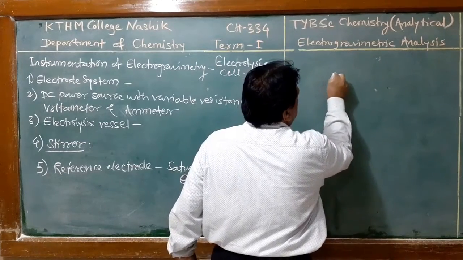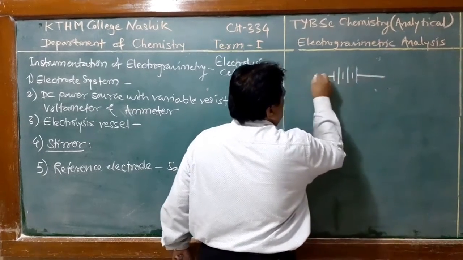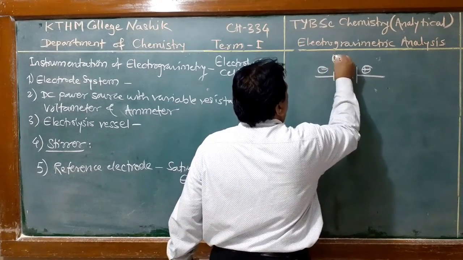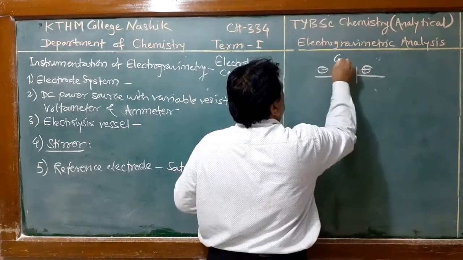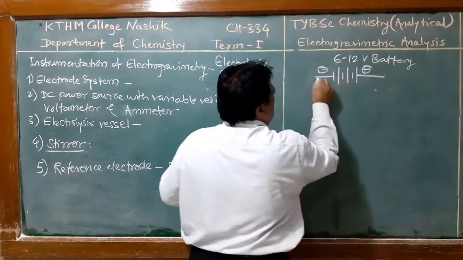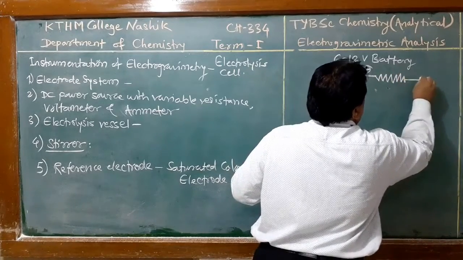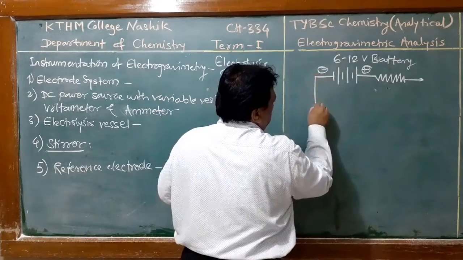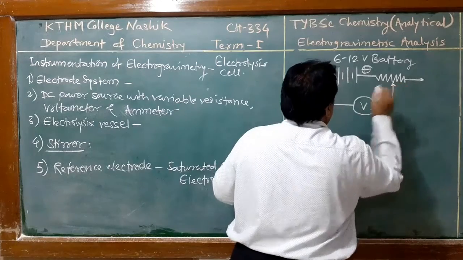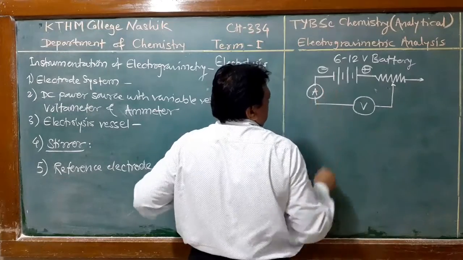Therefore, there is a power supply, that is a 6 to 12 volt battery, a DC power supply which is connected through a variable resistance to the voltmeter, and here this is a current meter, that is an ammeter.